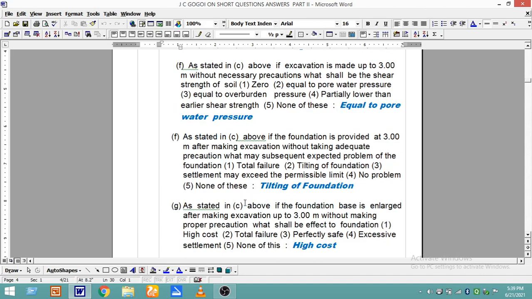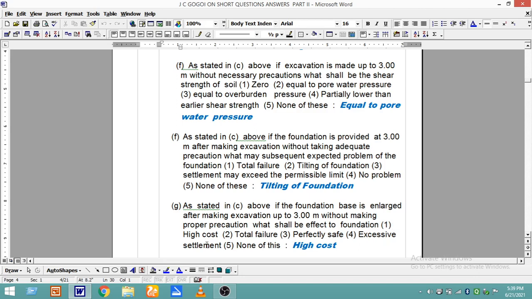As stated in C above, if the foundation base is enlarged after making excavation up to 3 meter without making proper precaution, what shall be the effect on the foundation?